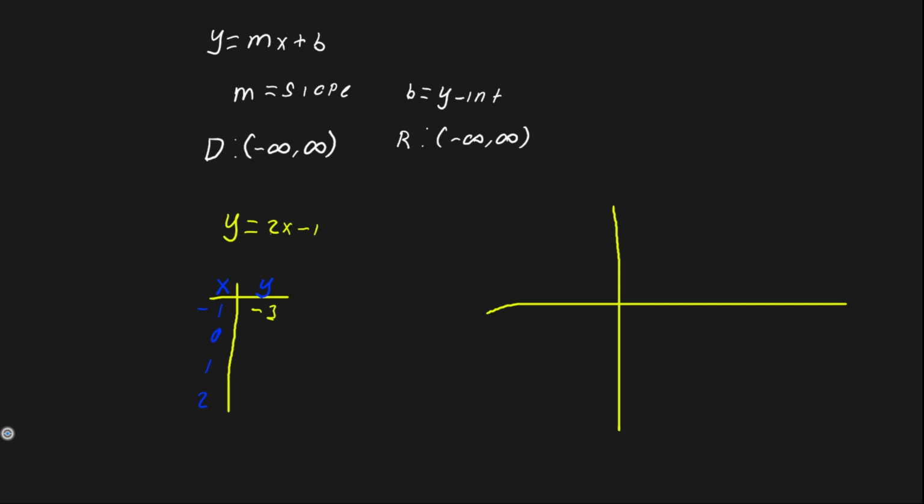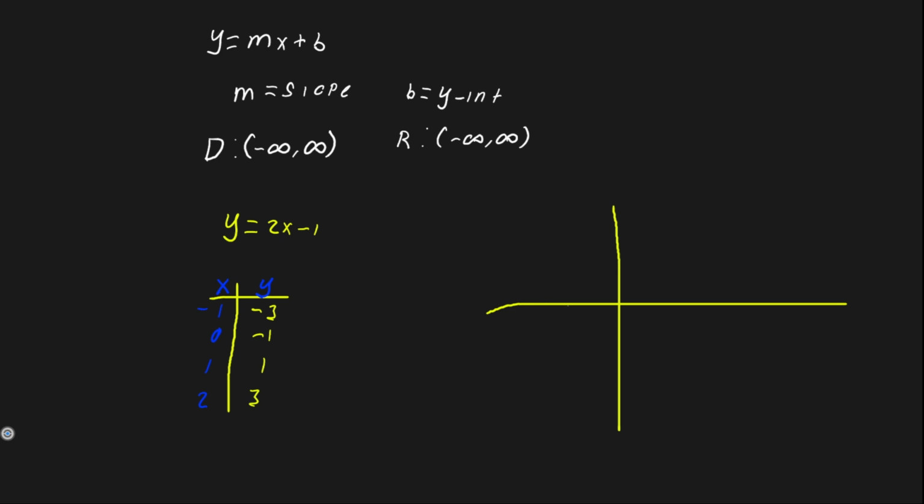And when x is 0, 2 times 0 is 0, minus 1 is -1. And for 2 times 1, that's just 2 minus 1, which is 1. And when x is 2, we multiply 2 times 2, that is 4, minus 1 will give us 3.